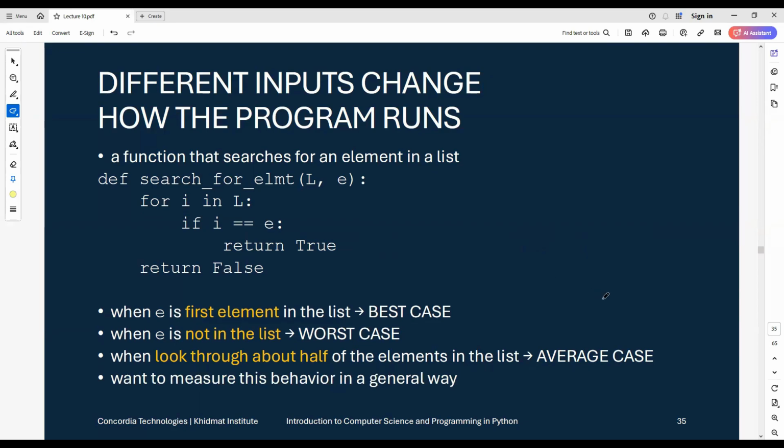But we want to measure the complexity in a general way. We cannot assume whether the list is sorted or not, whether E is present or not. We want to identify a mathematical equation or a representation, in terms of the size of the input, of how much time this algorithm would take.